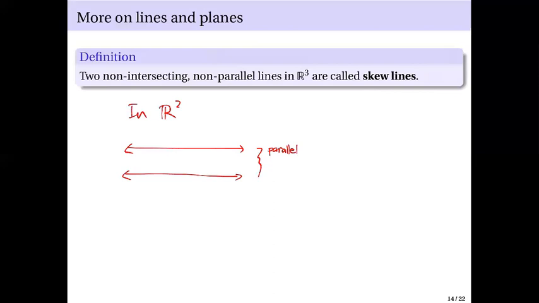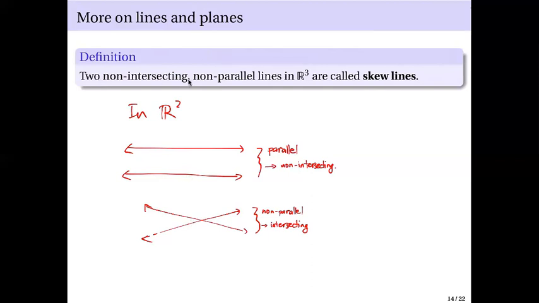It means that they will not intersect. Non-intersecting. Also in R2, suppose you have two lines that are not parallel. Definitely they will intersect. Non-parallel, they are intersecting.